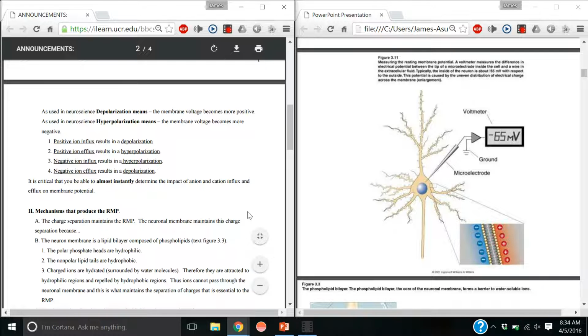If there's a negative ion influx, that results in hyperpolarization. Negative ions flowing in, the membrane potential becomes negative. But in contrast, if negative ions leave from inside to outside, that can cause a depolarization of the membrane potential. So, two forms of ions, positive, negative, they can flow in, they can flow out. You need to know which way the membrane potential changes.